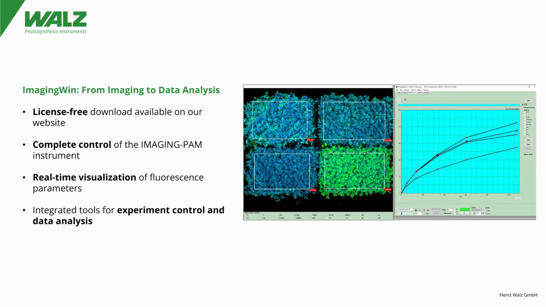The system offers predefined protocols, such as rapid light curves or induction curves, which are easy to use and cover many standard applications. At the same time, you can fully customize your experiments using scripting, allowing you to program completely user-defined measurement sequences. In the following sections, we will take a closer look at the main functions of the software and how they support efficient data analysis.